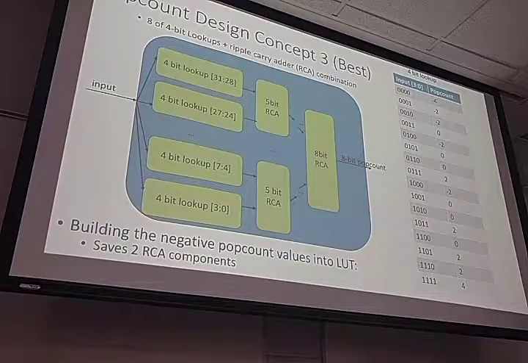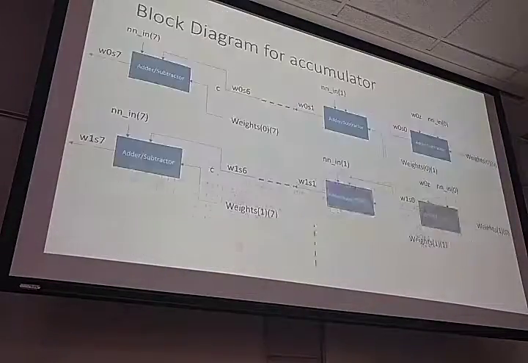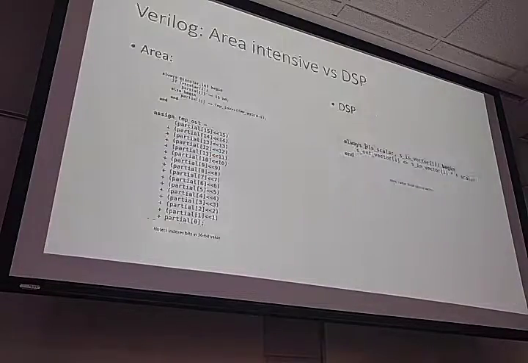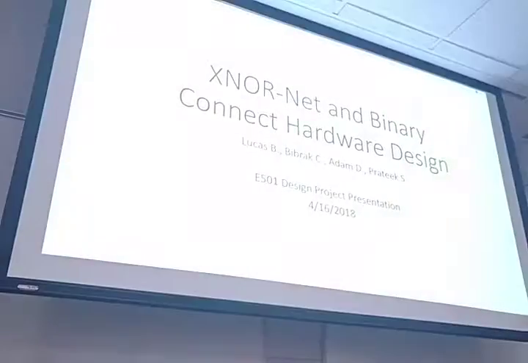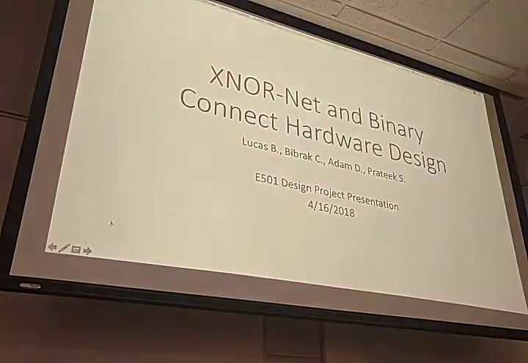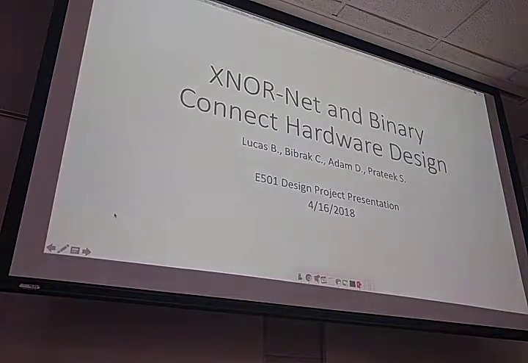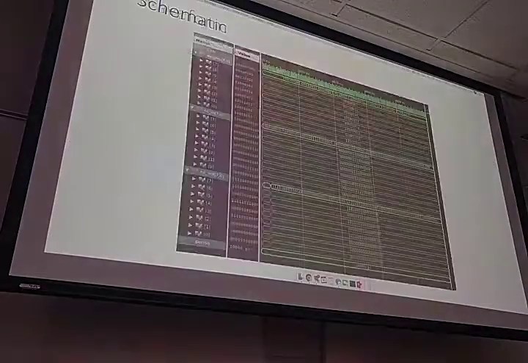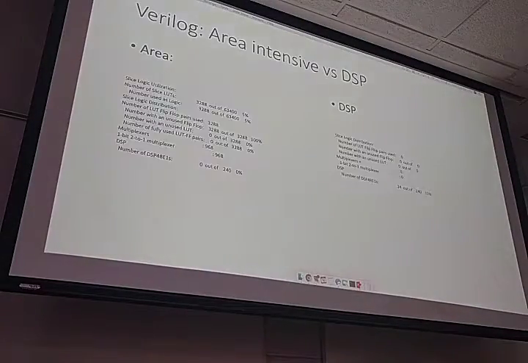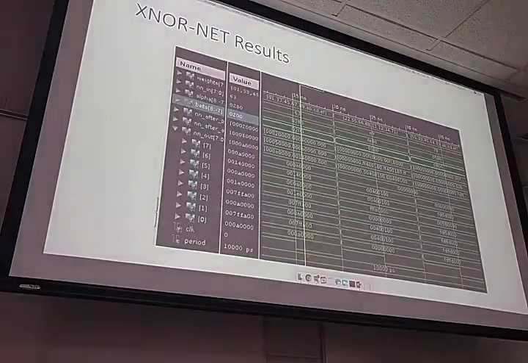For the last two slides, the verification part, are these the synthesis, the FPGA result, or just some ISIM result? This is an ISIM result, a test result of our test bench implementing basically one iteration through the hardware, and we compare that to the Python result. Okay.